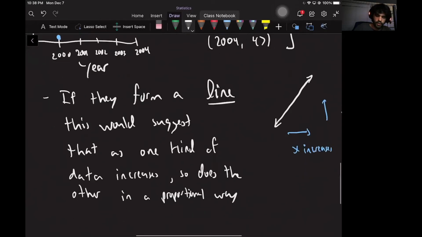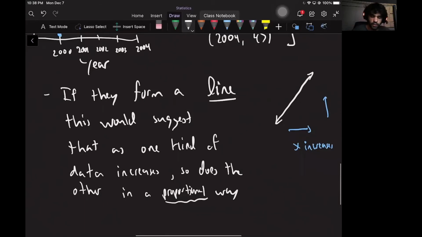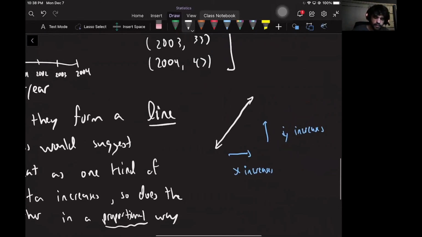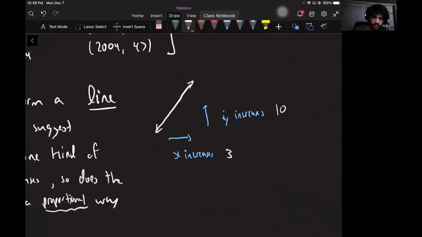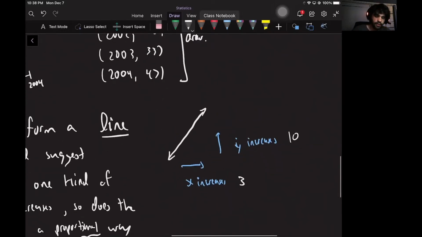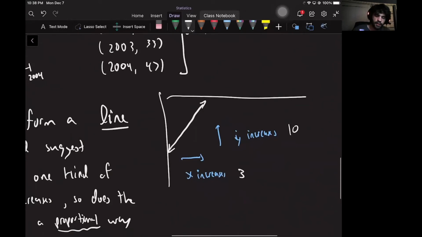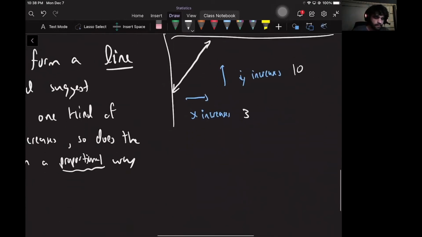So proportional is the key word here, so that just means that the ratio is always the same. So every time x goes over by, for example, 3, maybe y goes up by 10, and it keeps doing that same pattern. I just made those numbers up. That's not for that example. Okay.